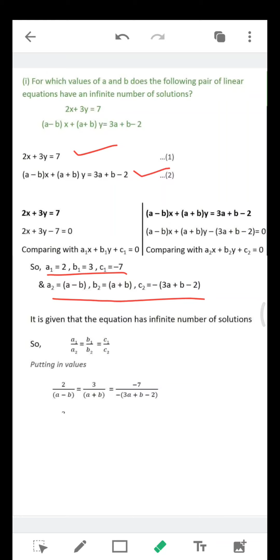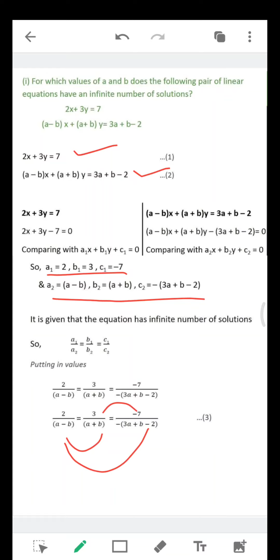Now this has two unknown variables, a and b, and we need to find their values. That is our question. So I'll take two terms at a time. I can equate the first and second, first and third, or second and third to get our equations.